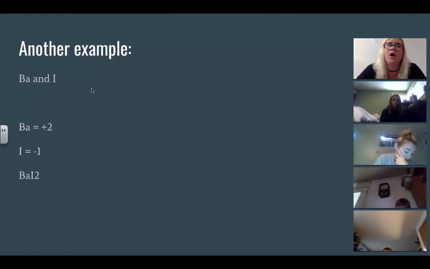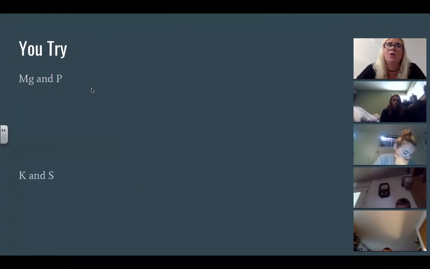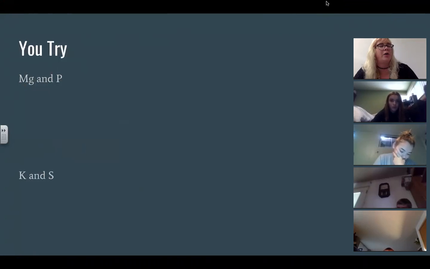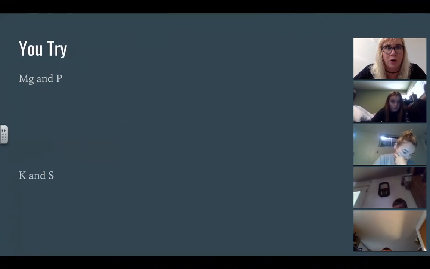So I want you to choose one of these to do, just in honor of our time here, since we're already about 15 minutes in. Choose to either figure out how magnesium and phosphorus would bond or how potassium and sulfur would bond. Hopefully we get people selecting both of those options.